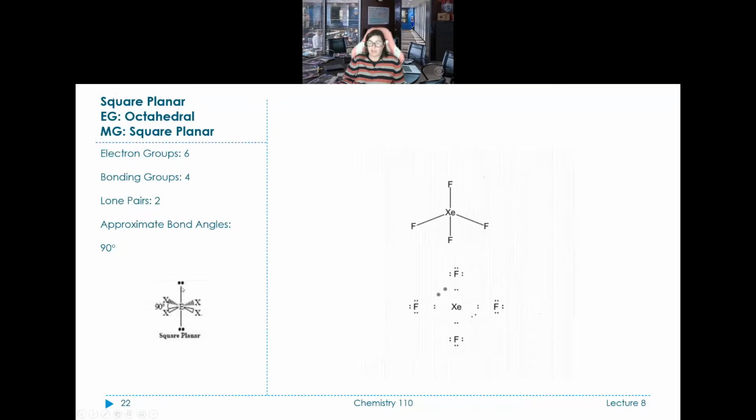What happens is that the lone pairs, in order to be as far apart as possible, go up and down. So they're 180 degrees from each other. And that means that the other 4 have to be in the plane. Those 4 are going to have approximate bond angles of 90 degrees. So that's what we're talking about for that. XeF4 is one of these structures. Okay?